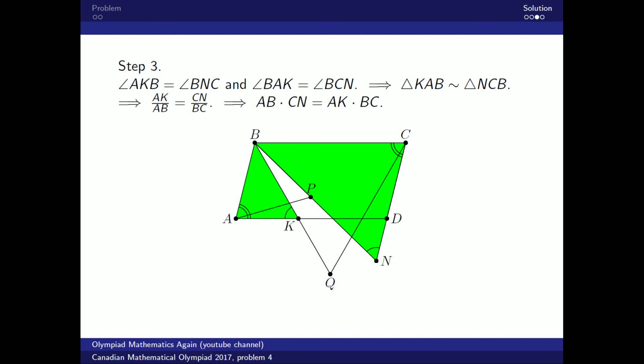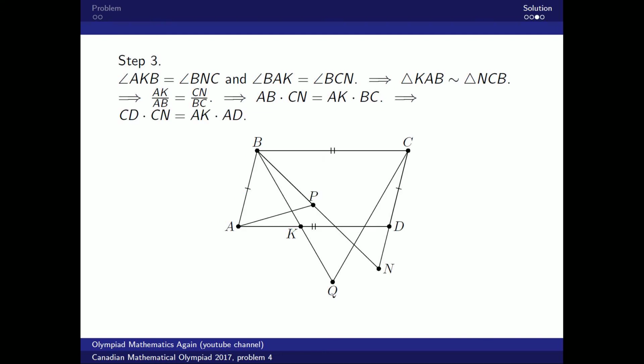But then we can replace AB with CD, because AB and CD are two opposite sides in the parallelogram ABCD, therefore they are equal. So AB is equal to CD. Therefore, in this equality, we can replace AB with the equal segment CD. And on the right, we similarly replace BC with AD.